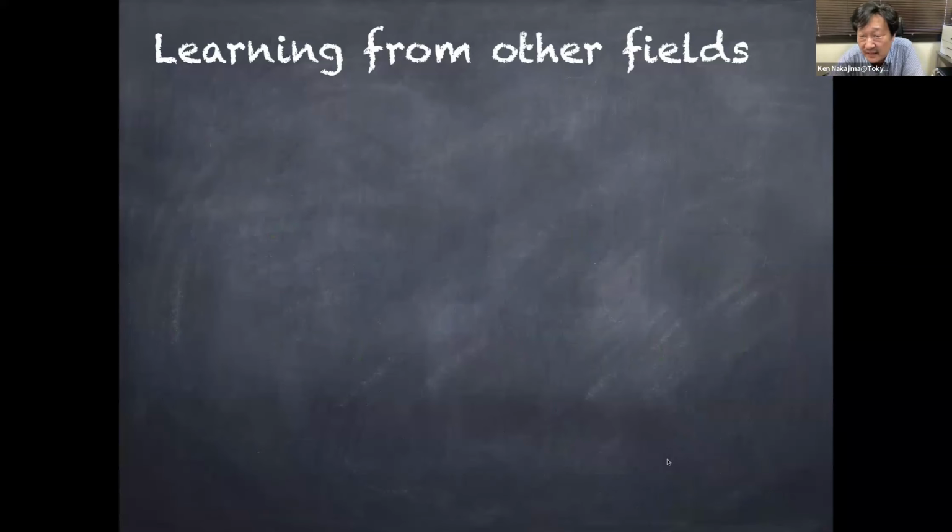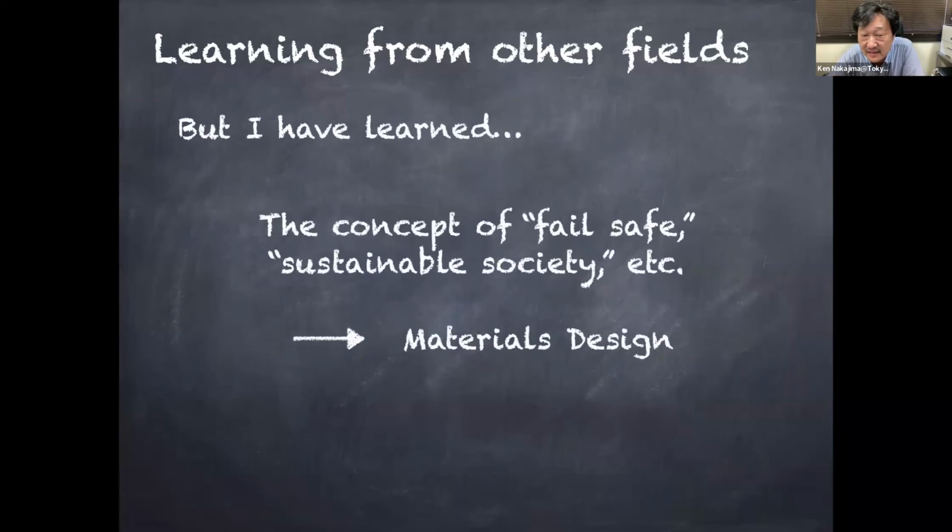But what I got from his discussion was that when you make a material, the material scientists try to achieve 100% performance from this material. But by listening to his talk, I started to change my mind.